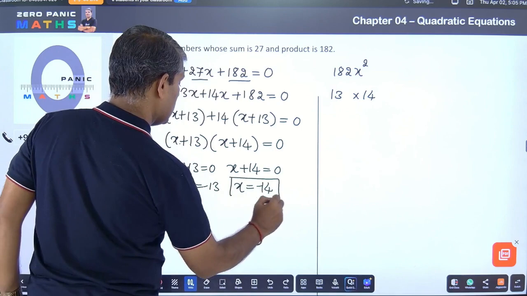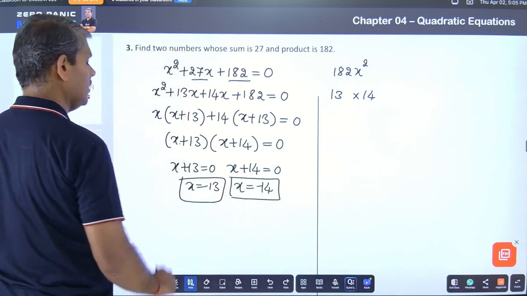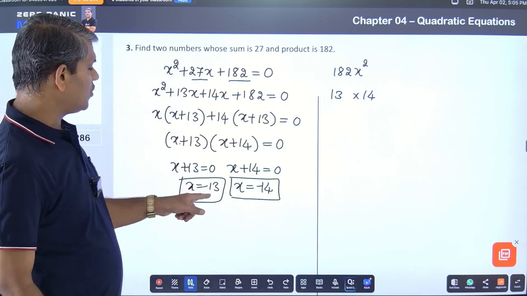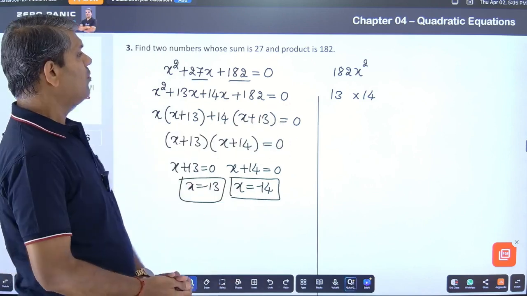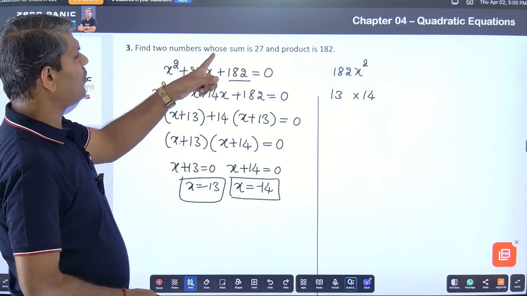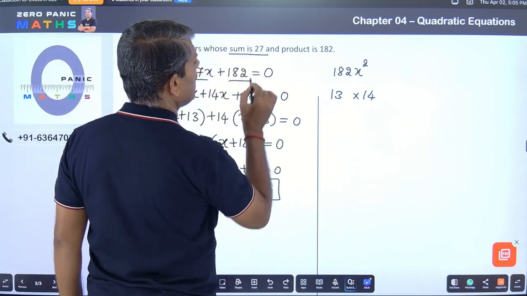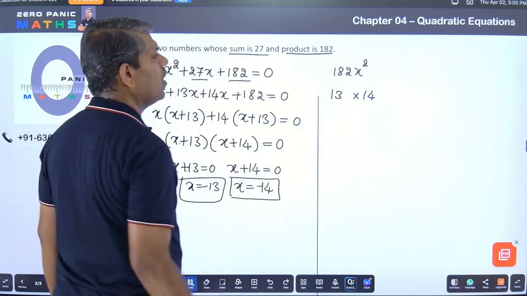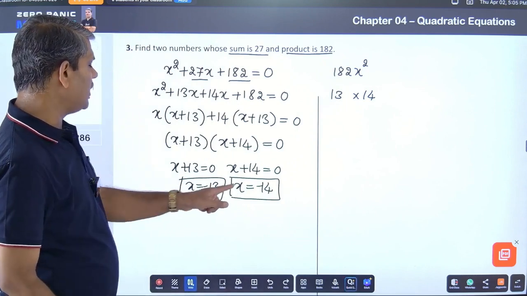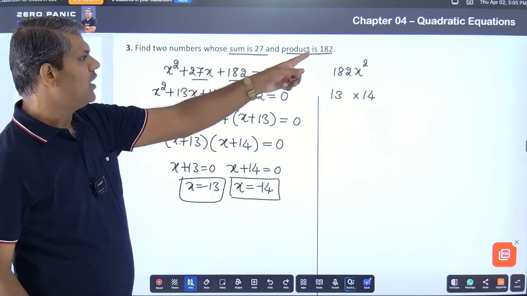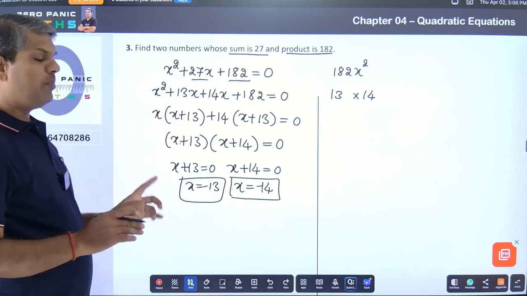Actually we are getting x equal to minus 13 and minus 14, but according to the problem they are asking us to find numbers with sum 27 and product 182. But here if you sum them, the sum will be minus 27, not plus 27, and 182 will be the product.